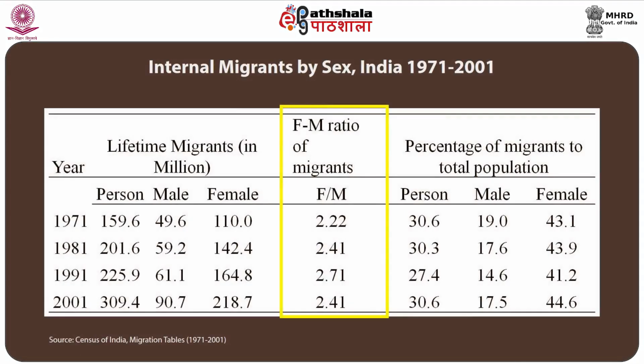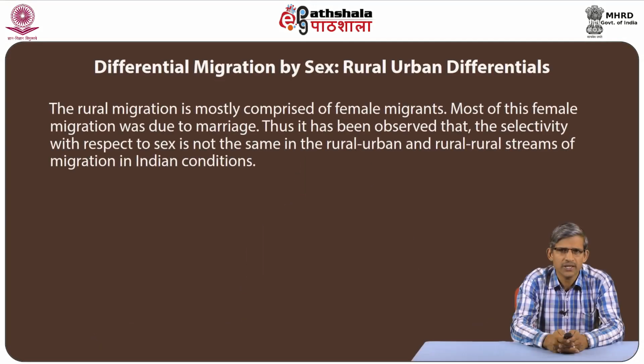In most of Asia and Africa, where the process of urbanization is in its initial stages, males predominate when migration to urban areas is considered. A completely different pattern, however, was observed in rural migration. Previous studies found that rural migration was dominated by females, a pattern very common even in India.